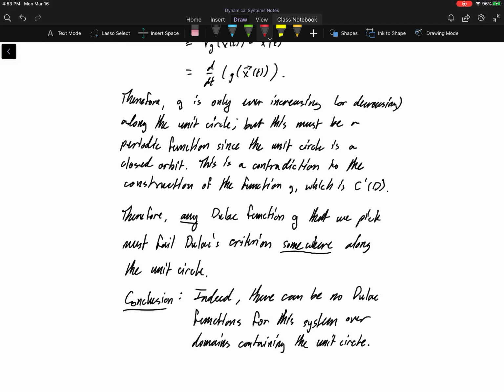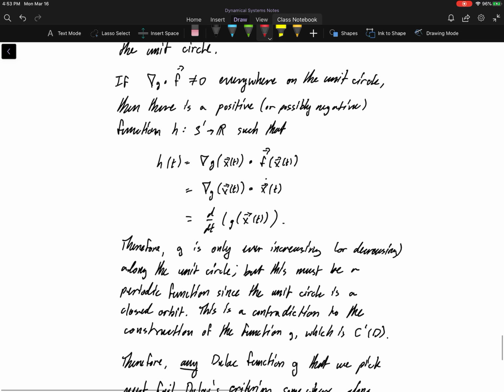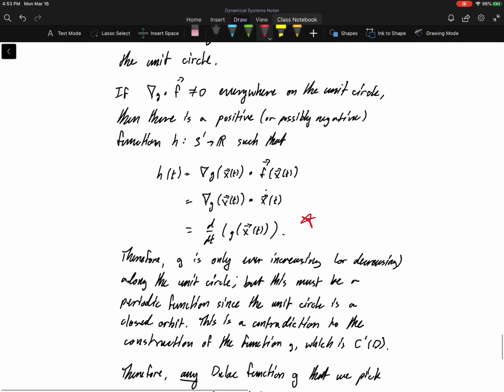So the conclusion here, this is a kind of advanced argument, but there are no Dulac functions for this system over, and I should say, simply connected domains containing the unit circle. Because otherwise I wind up with this argument where I can say the Dulac function has to be discontinuous and continuous at the same time as I traverse the limit cycle itself.